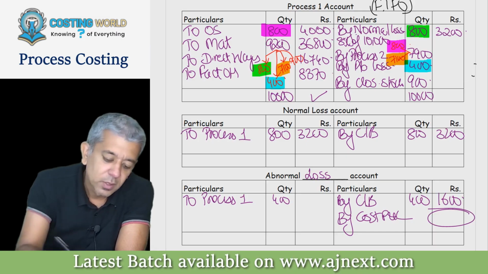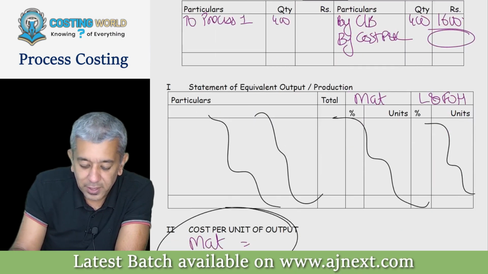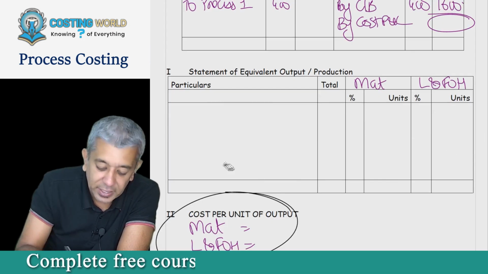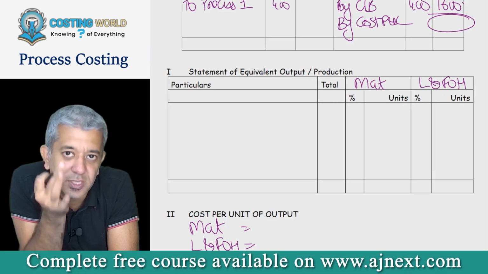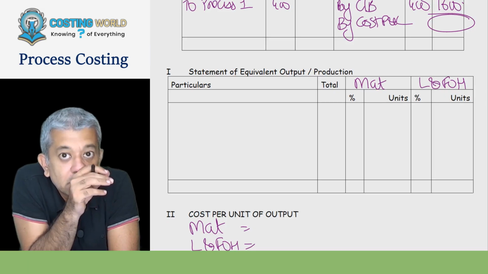So, in my statement of equivalent output, I always write down what happened in this period. Can we say 800 units were processed further and completed first? Yes, sir.